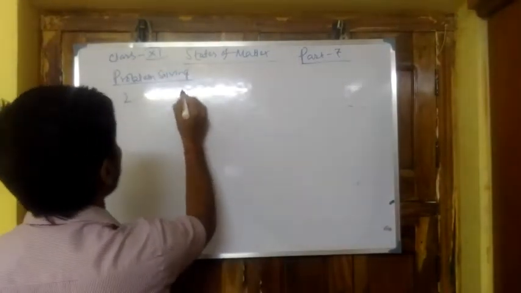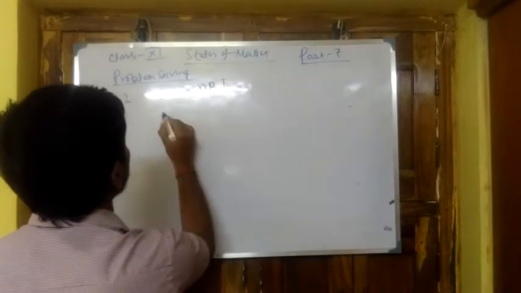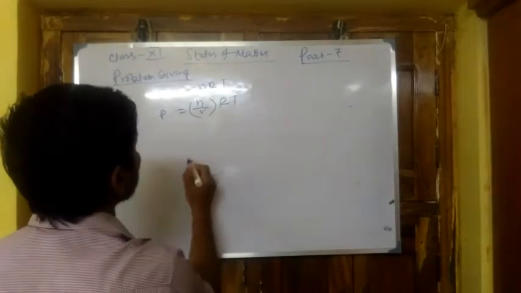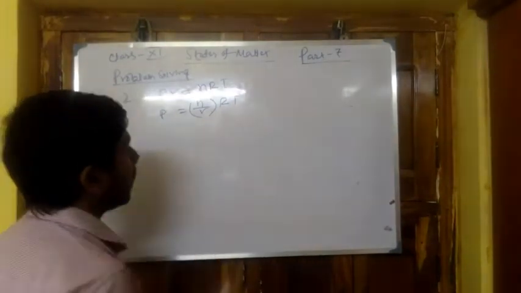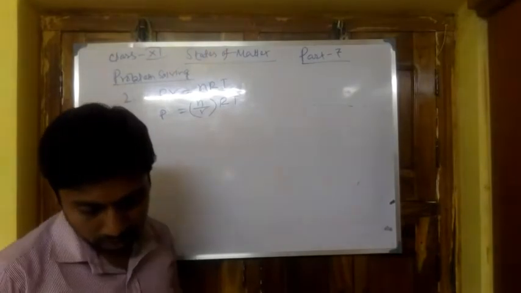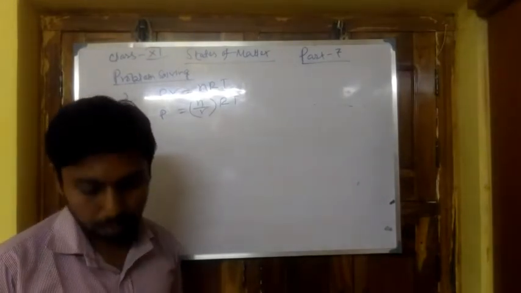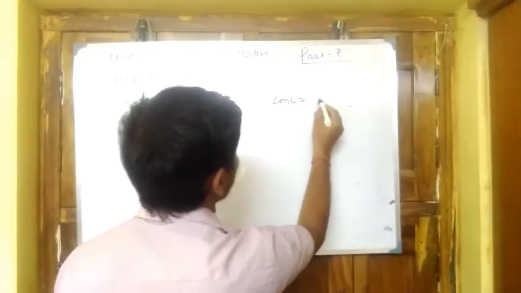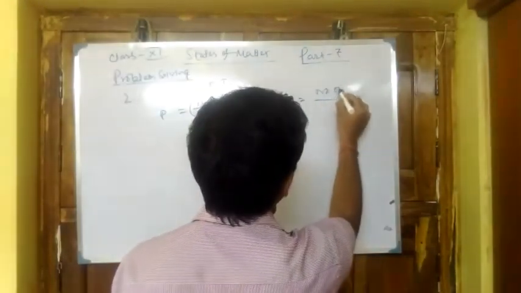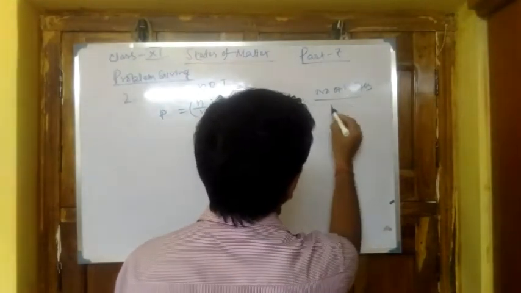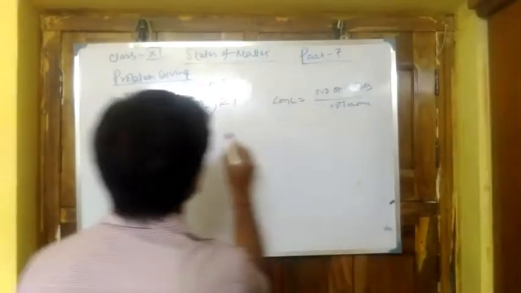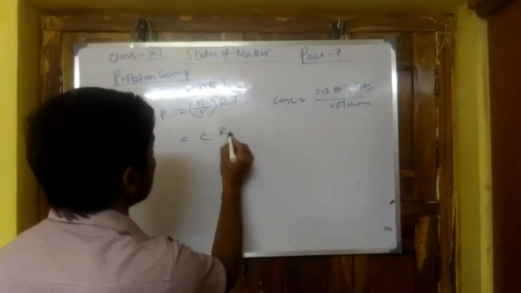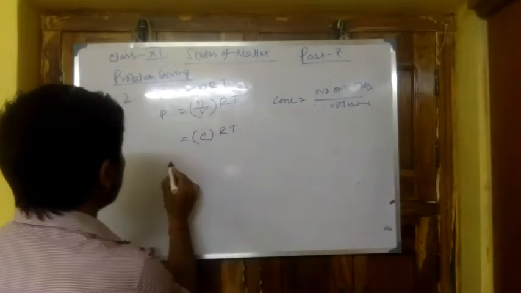Now PV equal to nRT. Now P equal to n by V into RT, right? Now n by V is the term, that is the number of moles per unit volume. Concentration equal to number of moles by volume, so we may substitute n by V by C, so P equal to CRT.